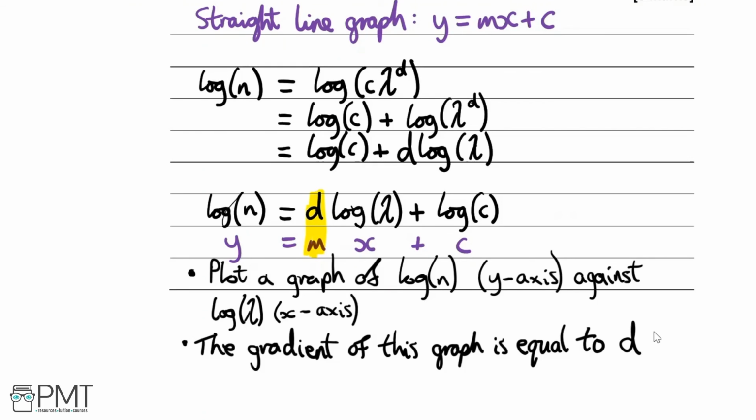So for this question, the first mark will be obtained for correctly identifying the structure of the equation to put into the graph. The second mark will be for saying that you're plotting a graph of log n against log lambda. And then the third mark will be given for saying that the gradient of this graph is equal to d. So those are your 3 marks.